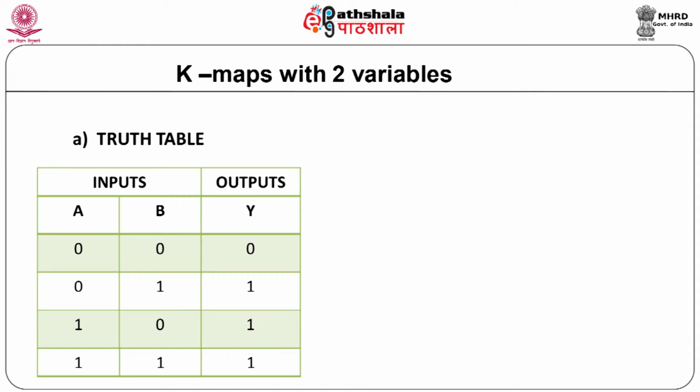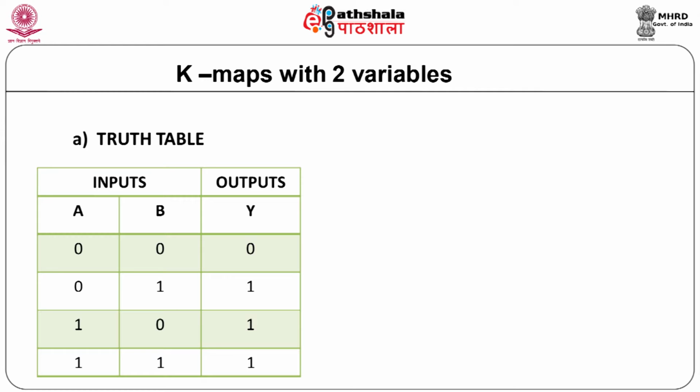We begin with writing the Boolean expression for the given truth table. From the truth table, we can write the Boolean expression for the output where the minterms are present.